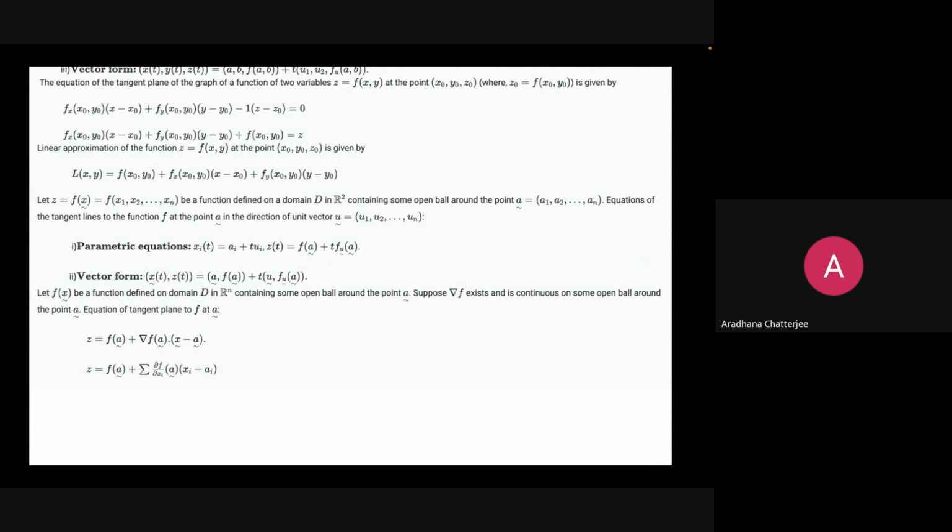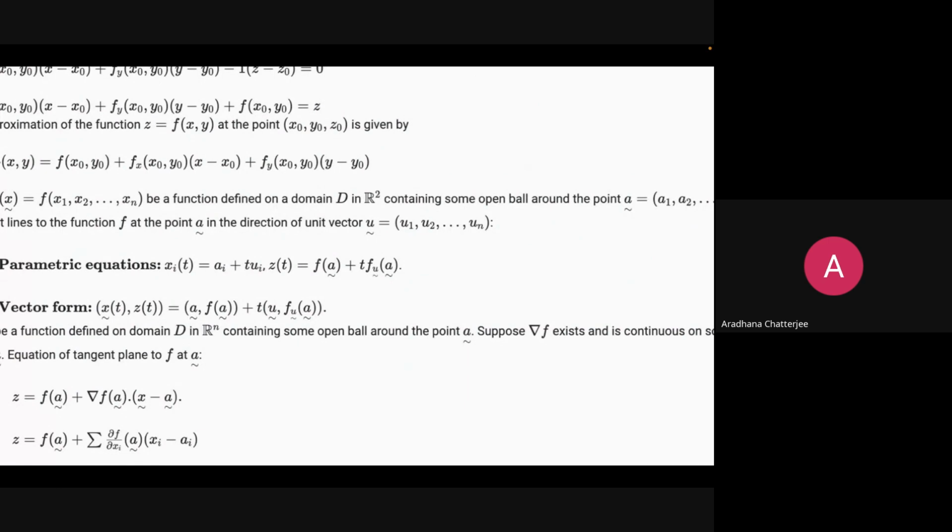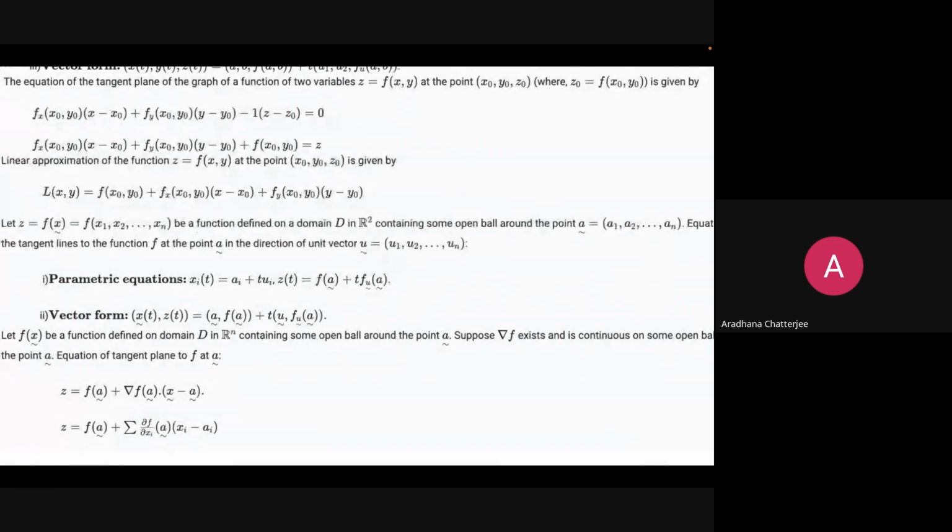So the point is a tilde. ai is the ith coordinate of that point, and then you are adding to that t. T is just this parameter from the parametric function. So that t is going to stay there, and then ui.